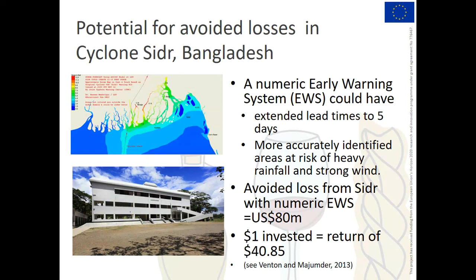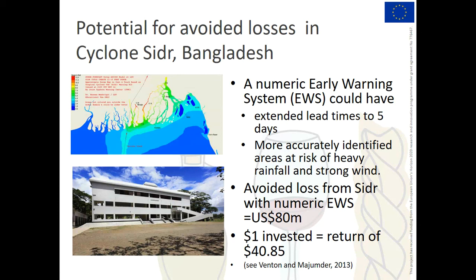But with Sidr, the highest evacuation warning was only given 27 hours before the storm hit. So people didn't have that long to prepare to go to cyclone shelters and make the preparations that they needed to. And a numeric early warning system could have extended this lead time or warning by about 5 days.